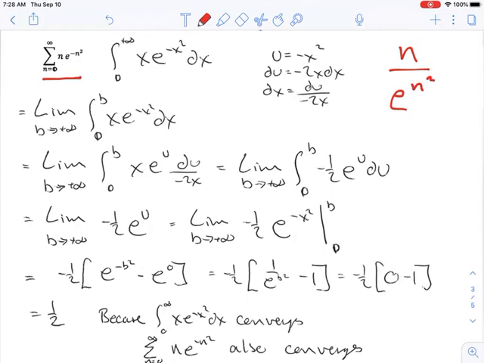Either way you look at it, n squared here is getting infinitely large, so the denominator is getting infinitely large. Both the numerator and denominator are getting infinitely large, but an exponential function gets larger faster than a linear function. So the denominator is getting larger faster than the numerator, and therefore the whole thing equals 0. And so the divergence test is inconclusive.